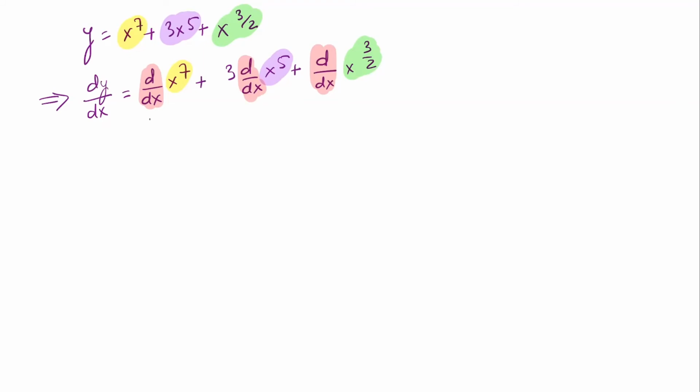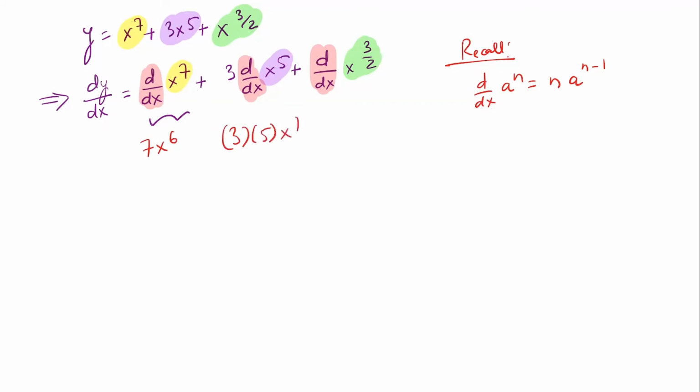So if you recall the derivative formula, d over dx of a to the power n is n times a to the power n minus 1, right? With this logic, if we have n equals 7, it will be 7x to the power 6, and this will be 3 times 5x to the power 4, plus 3 over 2 times x to the power 3 over 2 minus 1.